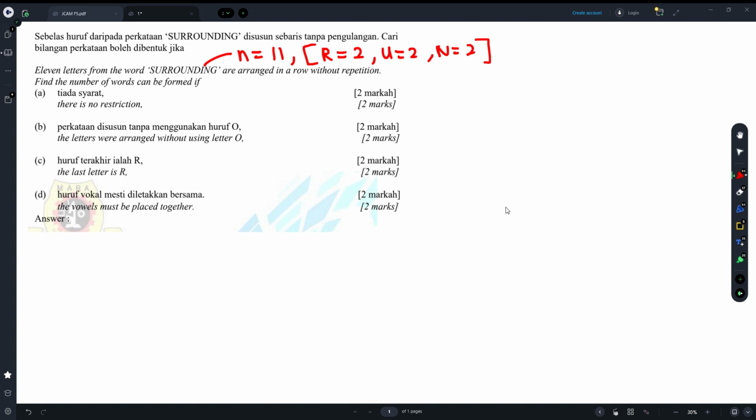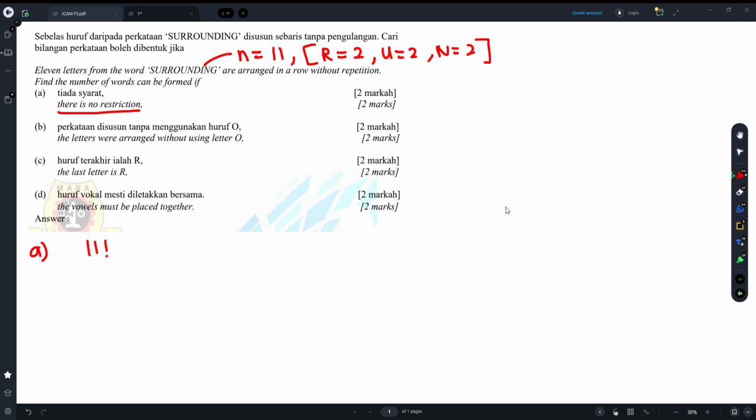As I mentioned, we need to find the number of words that can be formed if there is no restriction. Let me do part A for you. If there is no restriction, it is basically 11 factorial, because we have 11 letters and we're going to jumble up. That means we're going to permutate the 11 letters.